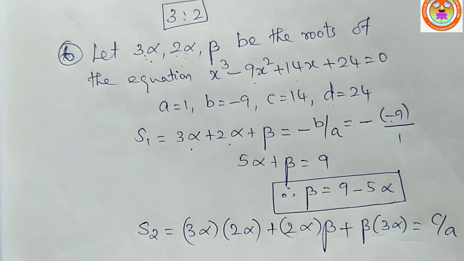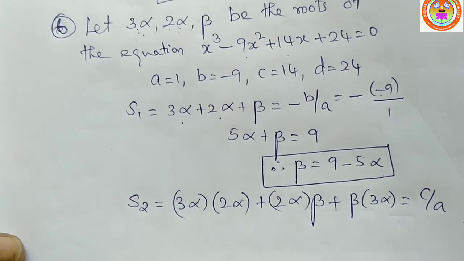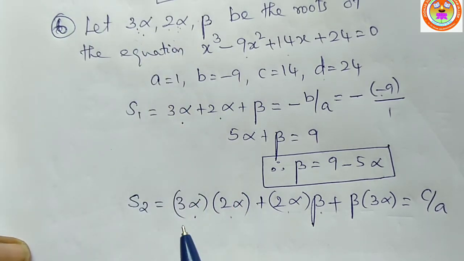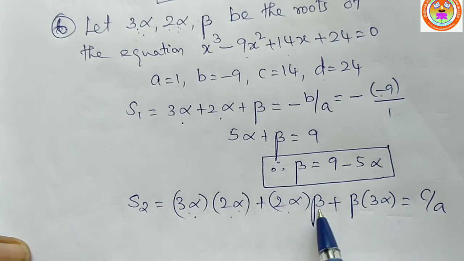We know S2 means alpha beta, beta gamma, gamma alpha, but here the roots are 3 alpha and 2 alpha. That is why 3 alpha, 2 alpha, 2 alpha into beta, beta into 3 alpha.